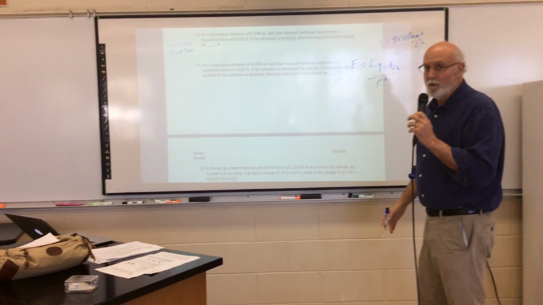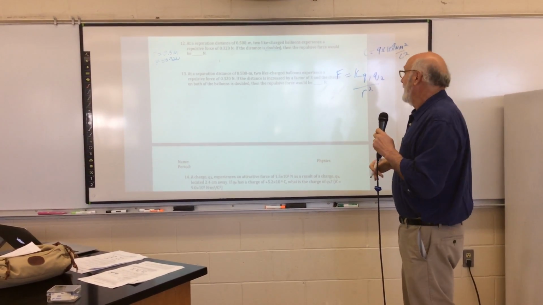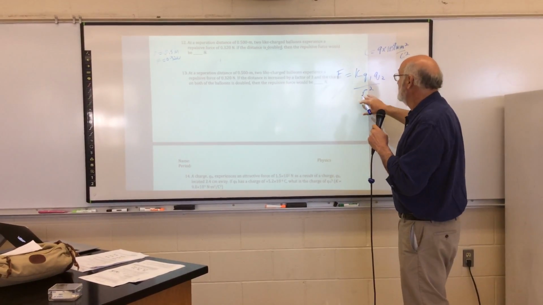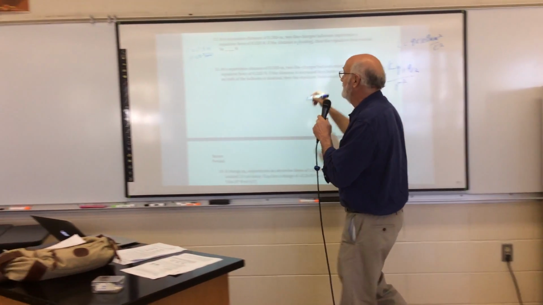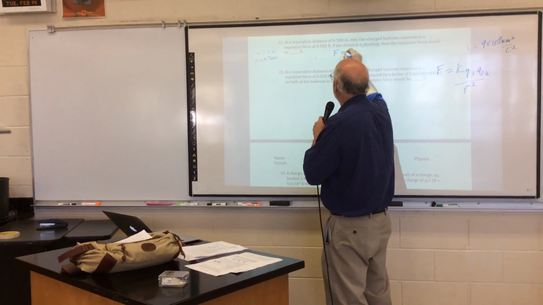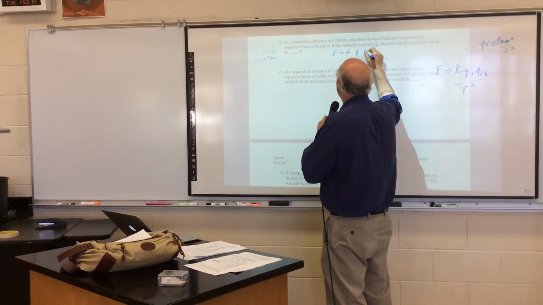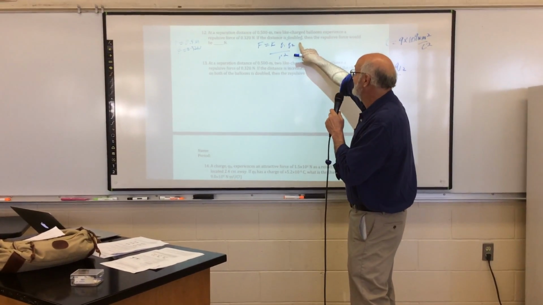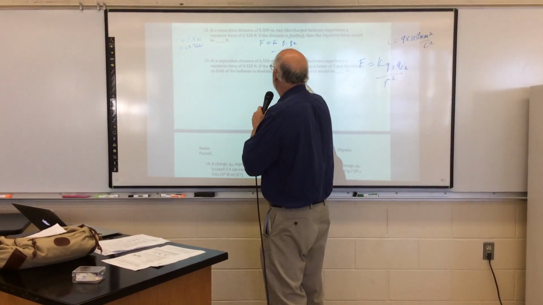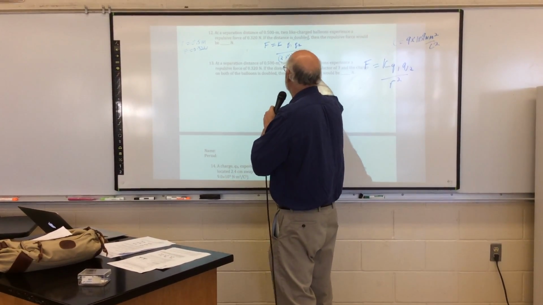Remember how we did these before when we had gravity, and we would just use the equation and put stuff in to figure out what's going to happen to it. So I'm going to put in the equation and leave a little bit of room like we've done before. Q1, Q2, r squared. So it says the distance is doubled. So if I put 2 there, that's going to be 2 squared.